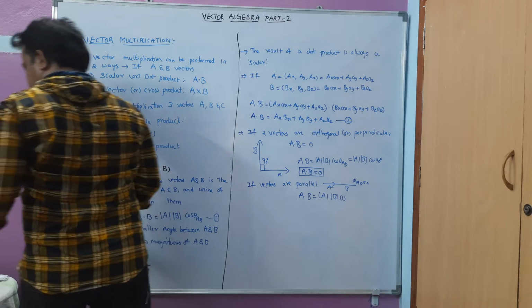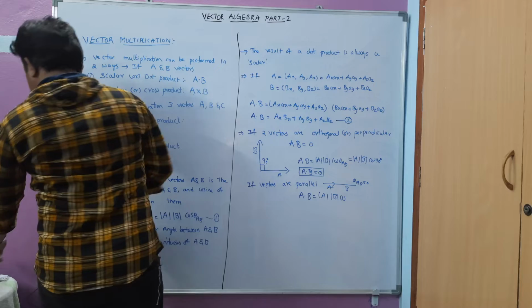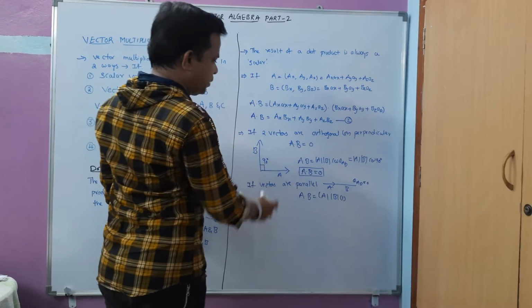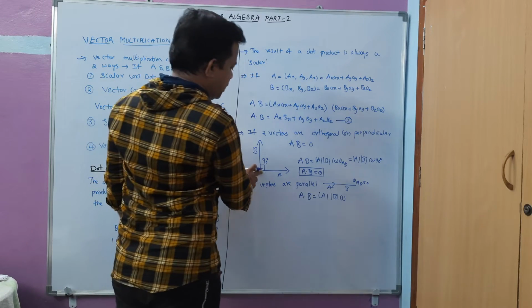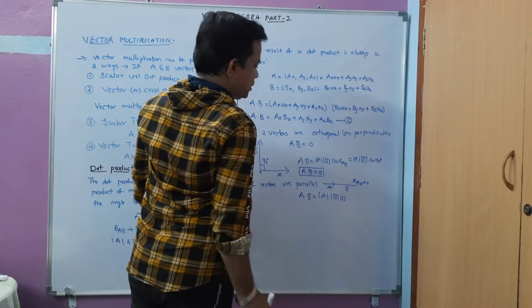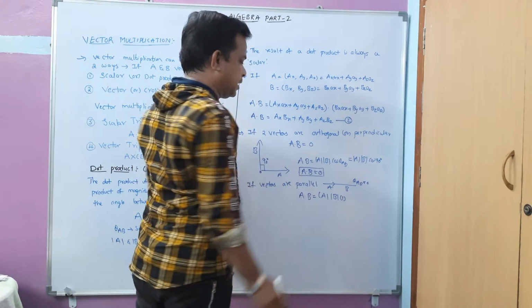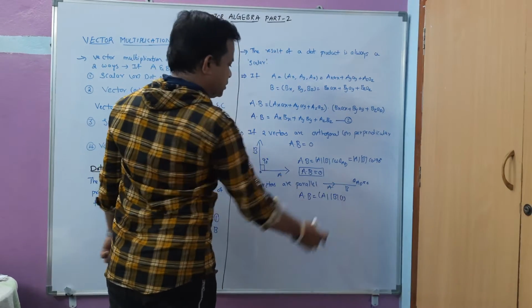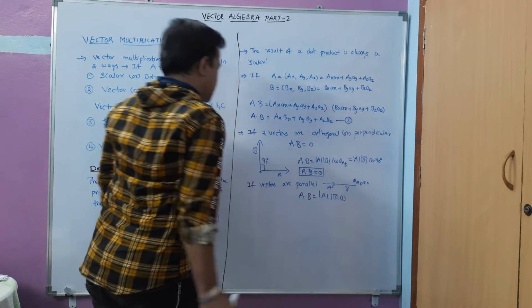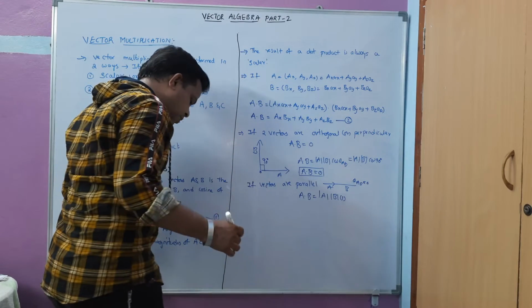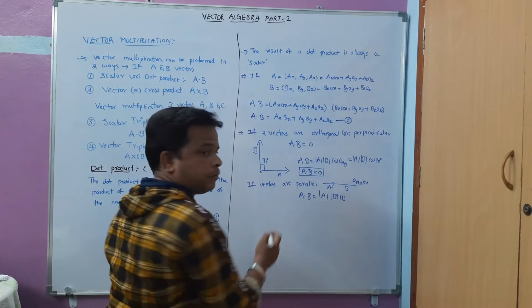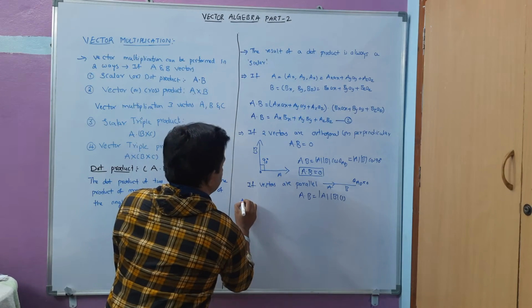That is about the product of two vectors, perpendicular and parallel. So if both A and B are on the same line, then A dot B is mod A mod B.